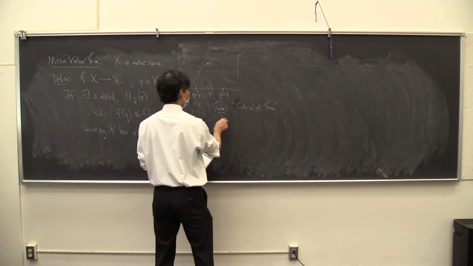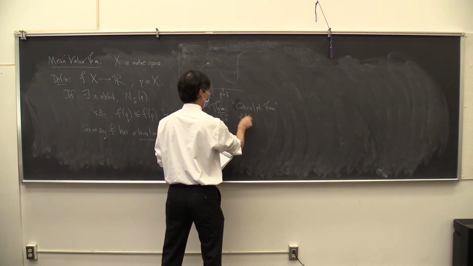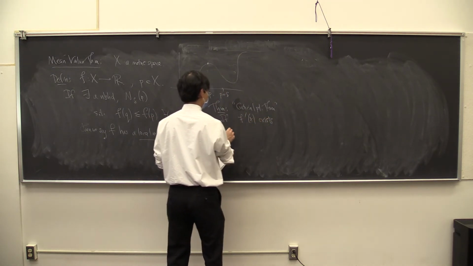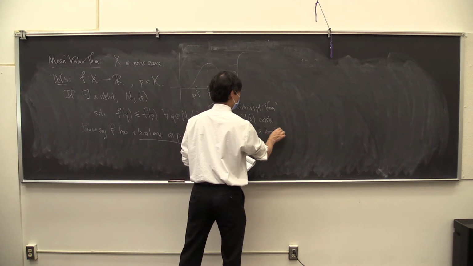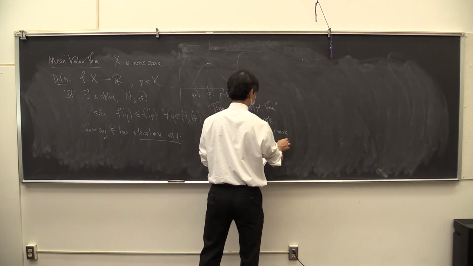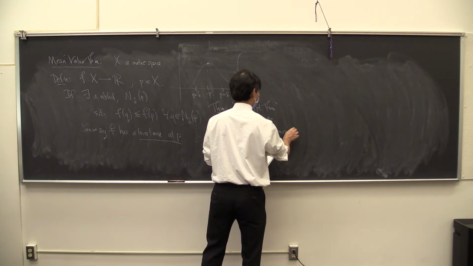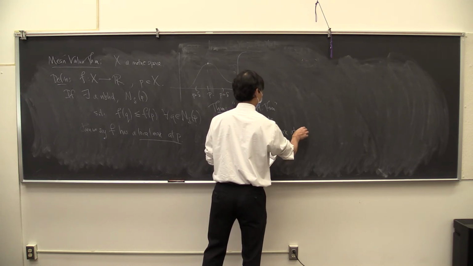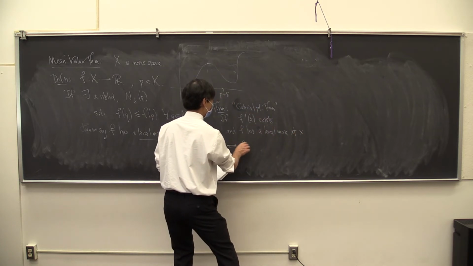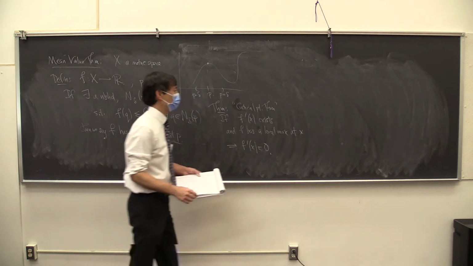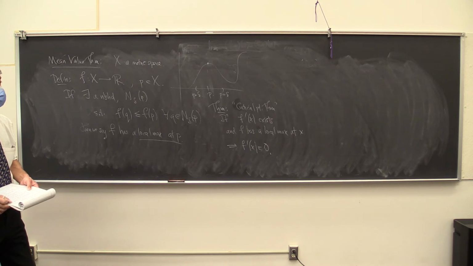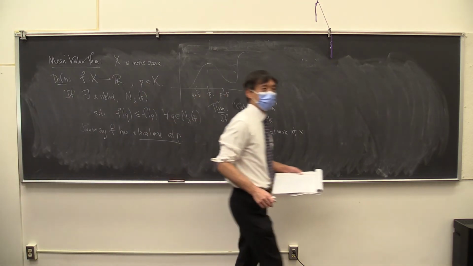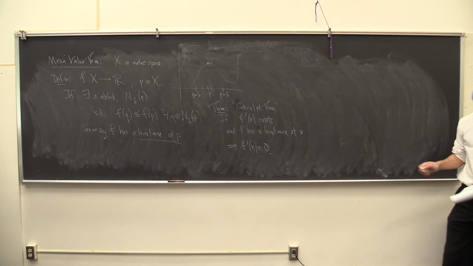That says that if f prime of x exists, and f has a local max at x, then the derivative must be 0. Okay, I'm sure you've seen this sort of thing before, right?